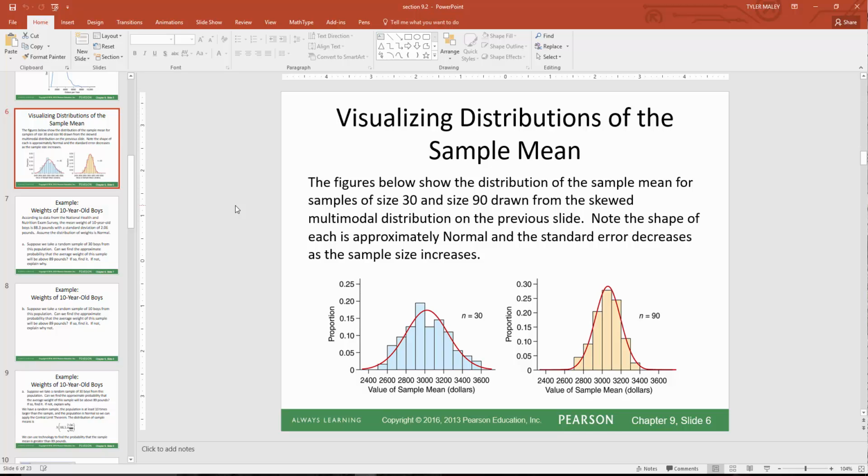So as we get a larger sample size, the standard error decreases, and it begins to look more normal. So the larger the sample size, the closer we're going to get to that normal distribution.